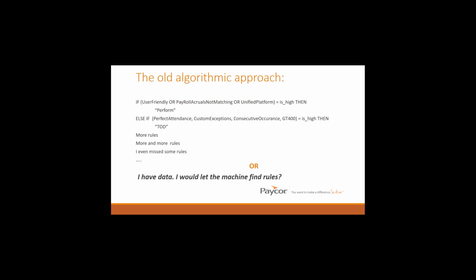Versus if GT clock has a high score, that is very TOD type of behavior, so you select TOD. So we keep adding rules, more rules, and even more rules. Instead of doing that, what if you give me the data, and I let the machine find those rules for me? I will not write those rules.